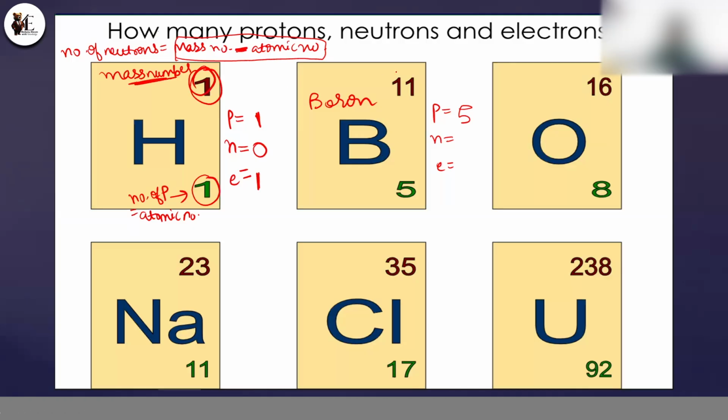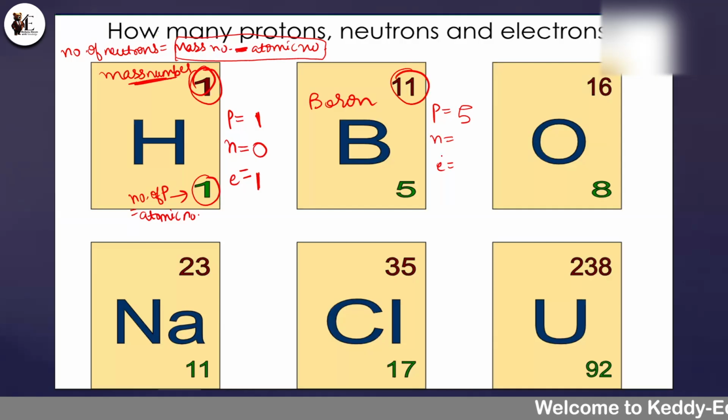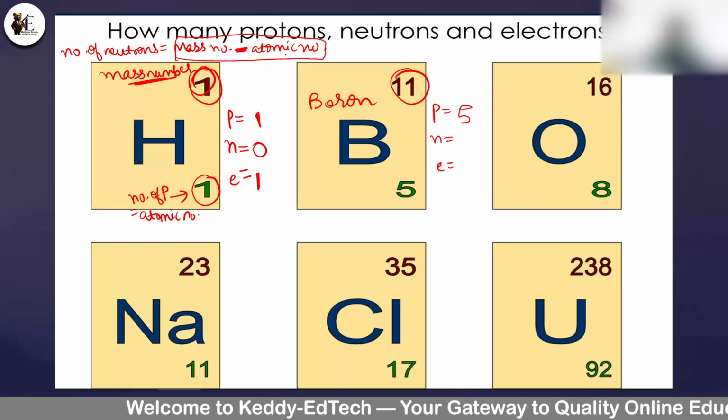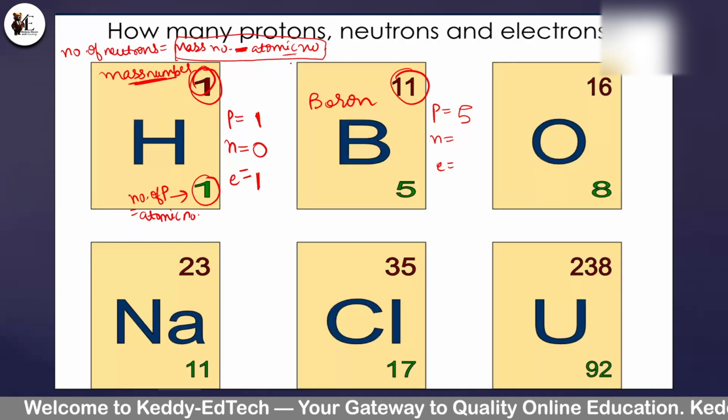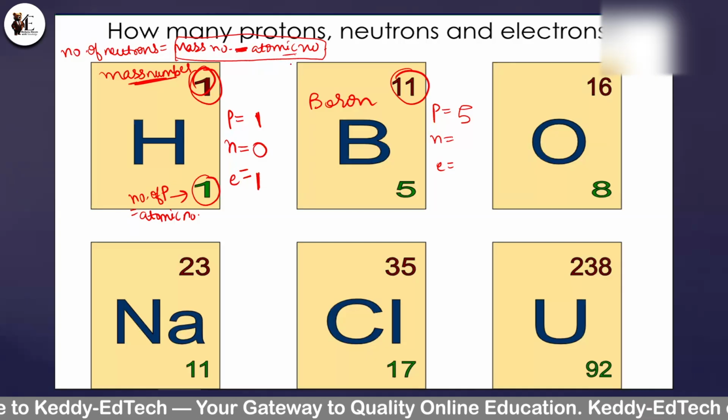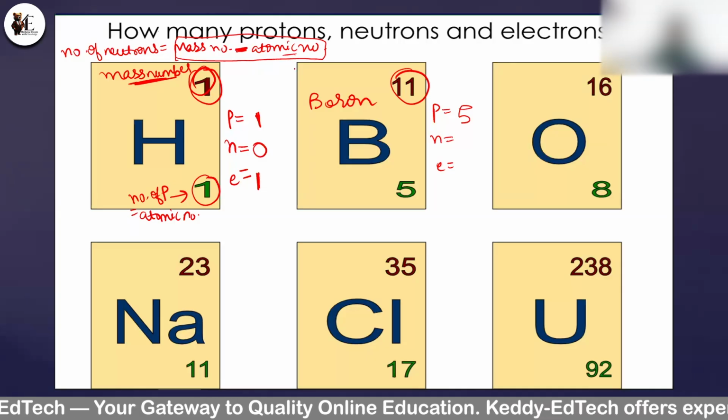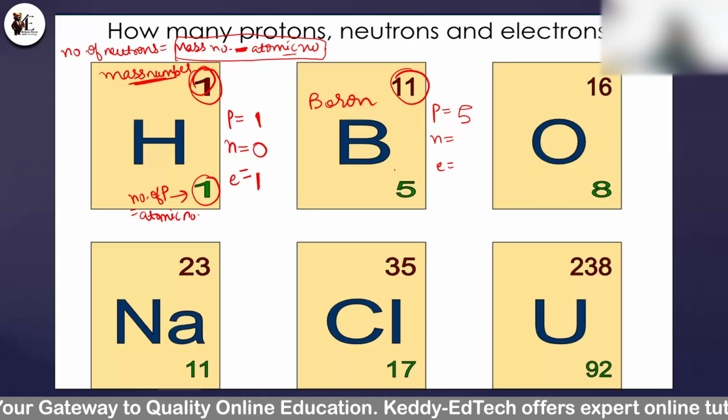The mass number is 11, minus the atomic number, which is 5.